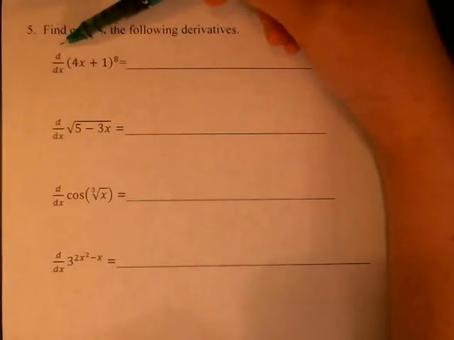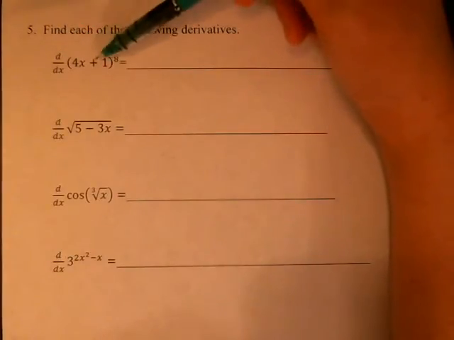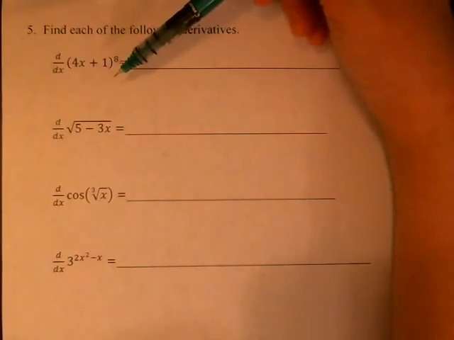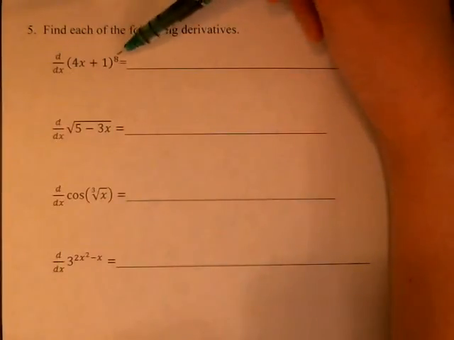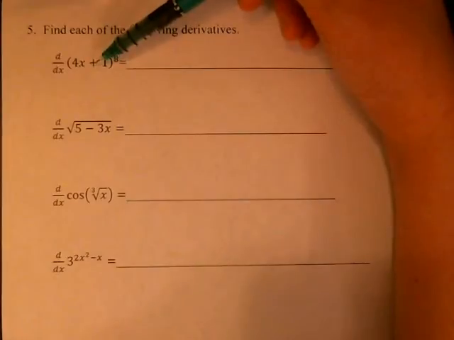Okay, so I have the derivative of (4x plus 1) to the 8th. This is all about what is the last thing happening, what is the big operation. I have parentheses, so I do everything in parentheses first, and then the 8th power would be the last thing. So this is stuff to the 8th. If this was just an x, I'd use the power rule and call it good.